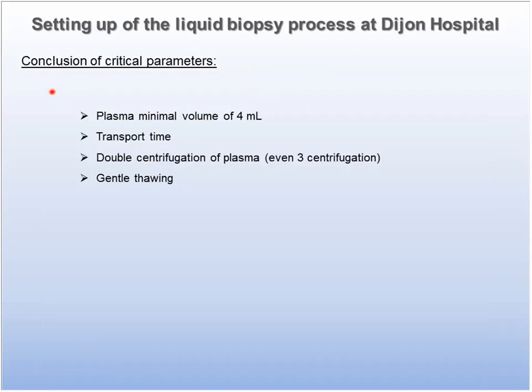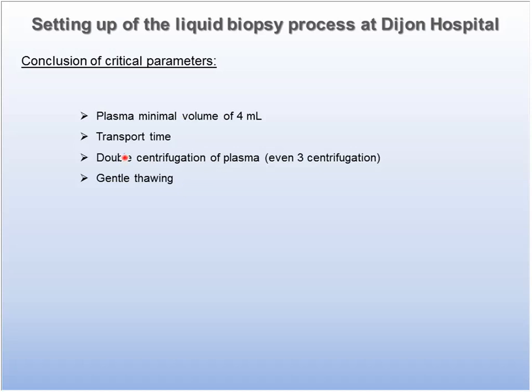To conclude with the pre-analytical steps, it's very important to extract a minimal volume of 4 ml of plasma. Also, the transport time is very crucial to maintain the integrity of cell-free DNA.